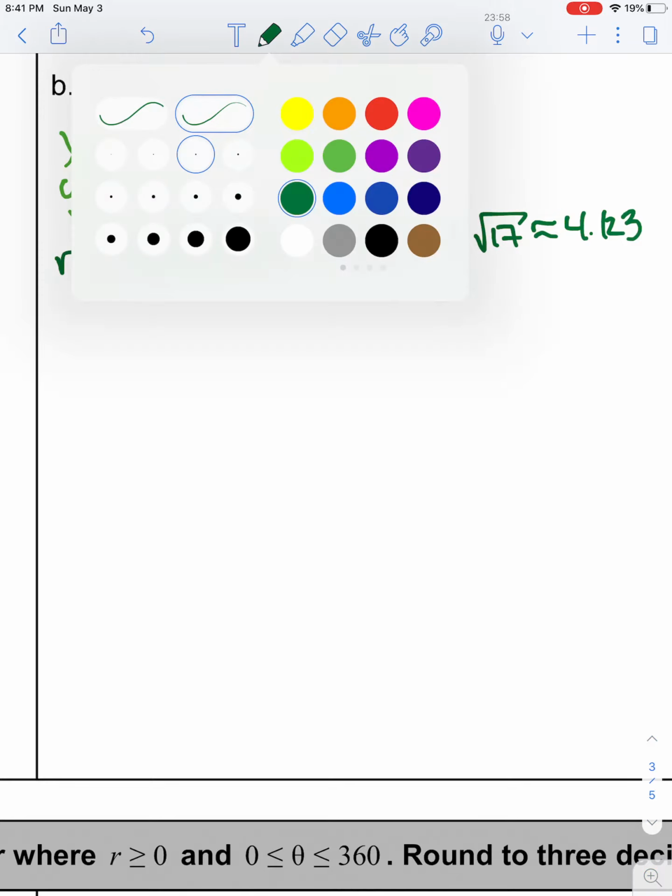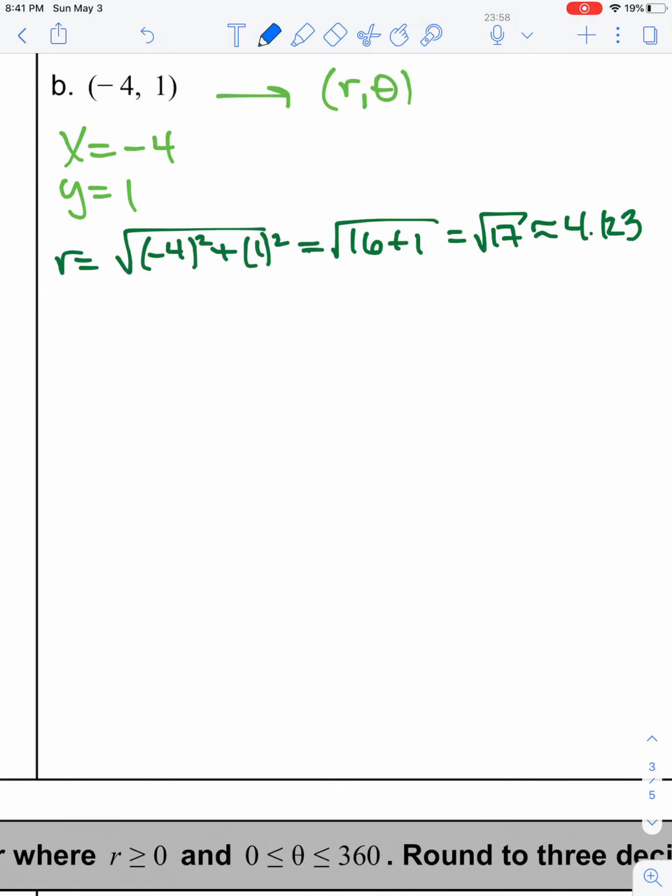Okay, next we're going to go ahead and calculate theta. Theta comes from that kind of more complicated looking equation, that inverse tangent of y over x.